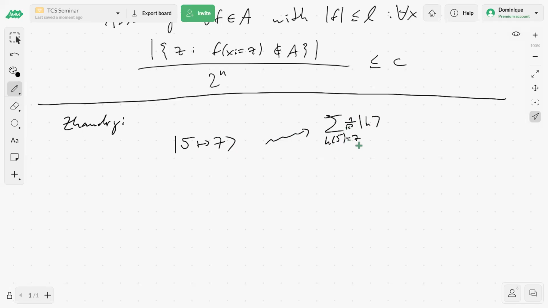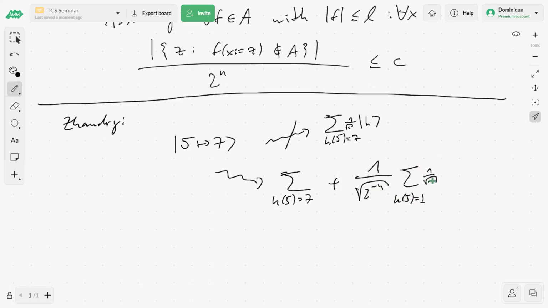with 5 maps to 7, but instead it maps to this state, which is what we actually mean, plus 1 over square root 2 to the minus n, the sum of all h's that are bottom at that position, minus 1 over 2 to the minus n, the sum of all h's.